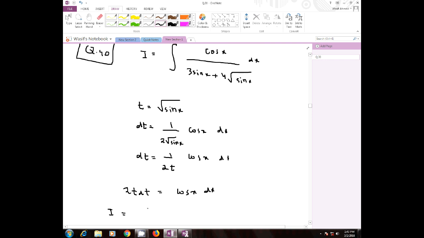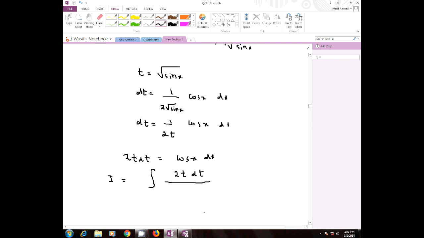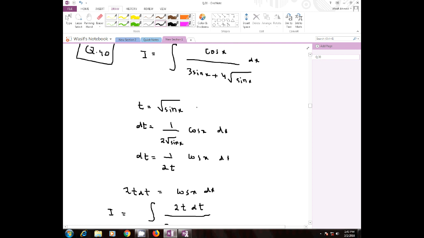You simply have I is equal to integral of cos x dx is replaced with 2t dt divided by 3 sin x. You can find out the value of sin x from here. If you square both of the sides, you get t square is equal to sin x.